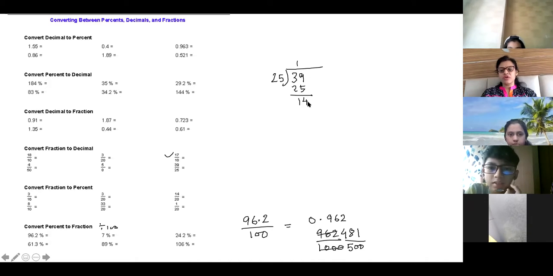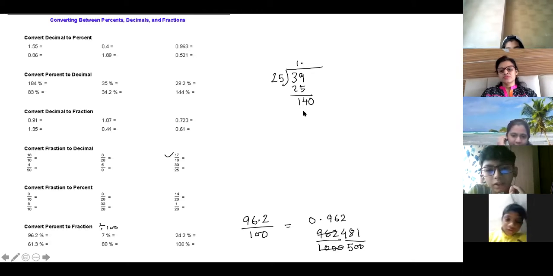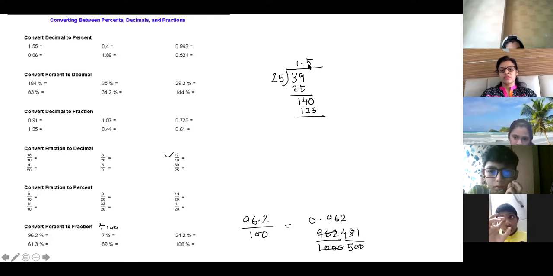Now nothing is there, so what will we do? We'll add a 0 over here. And what will we do over here? 25 5s are 125. Ma'am, you did not write 5. Where? Up. So 25 5s are 125.